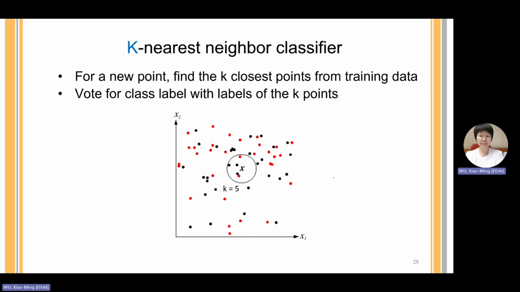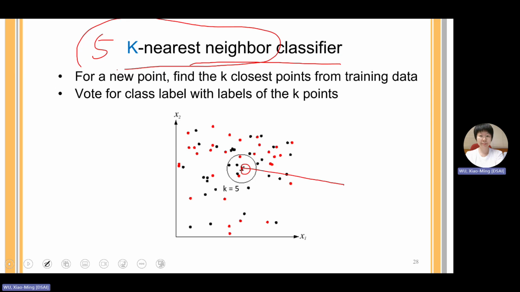For example, X here represents the test example. Let's consider a 5 nearest neighbor classifier. As the name indicates, we look for its 5 nearest neighbors.